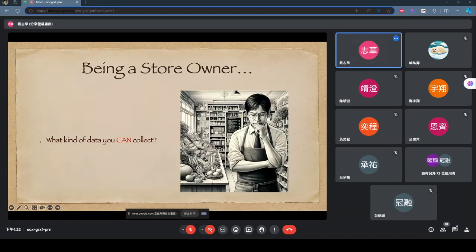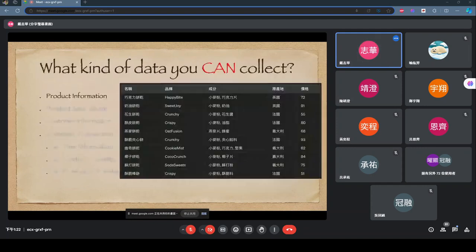Suppose that we own a retail store, so we could collect the product information: the cookie names, the brand, what those cookies are made of, which country the cookies are produced in, and the last column is the price, for example.